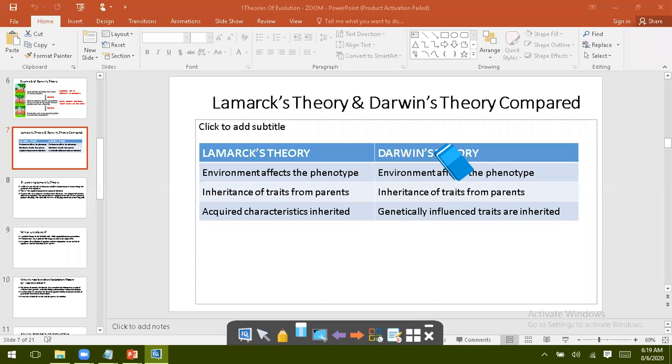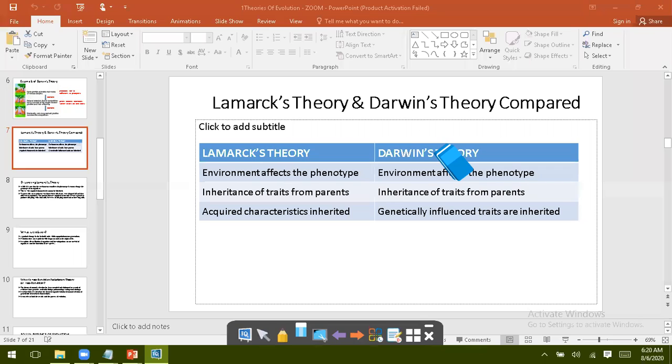And we've learned that variation is possible because of environmental factors and genetic factors. And that is what makes us who we are. So you remember the story of the twins I mentioned, all right? So environment has an impact on the phenotype. Also, Lamarck said inheritance of traits from parents is possible. That was also the same idea that Darwin had.